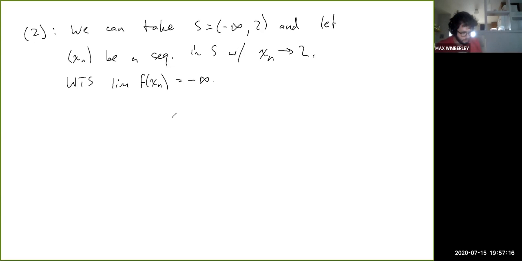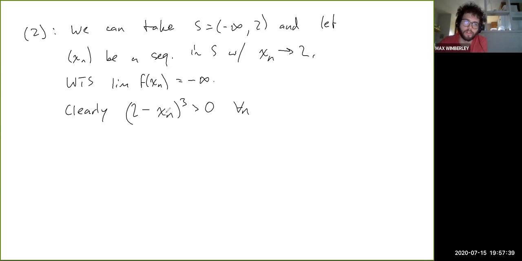To do that, first of all, clearly 2 minus xn cubed is greater than 0 for all n, since 2 minus xn is greater than 0. And 2 minus xn approaches 0, so 2 minus xn cubed approaches 0.